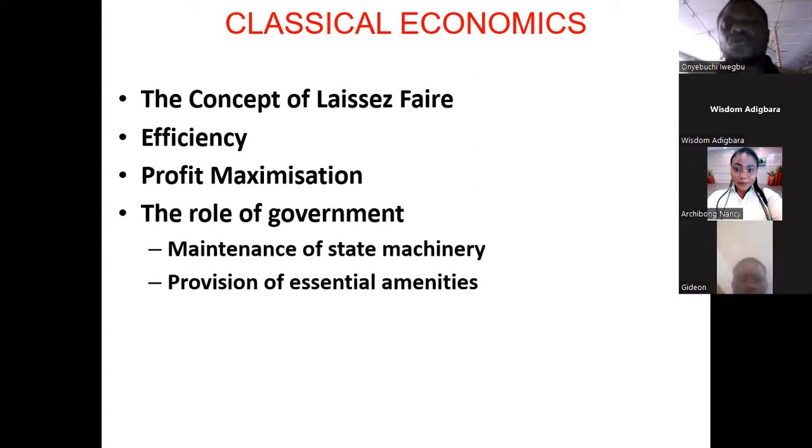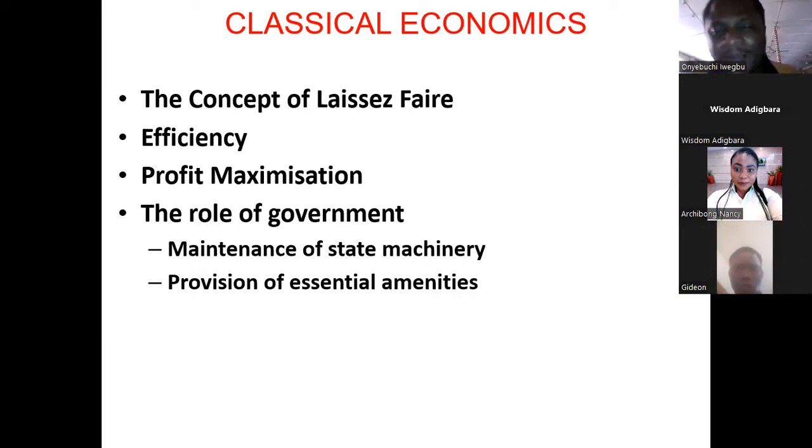The classical school believes that optimality, optimization, the best can be achieved if only we ensure efficiency. So in the classical school of thought, efficiency precedes welfarism. Efficiency is very key. Efficiency is better than welfarism.